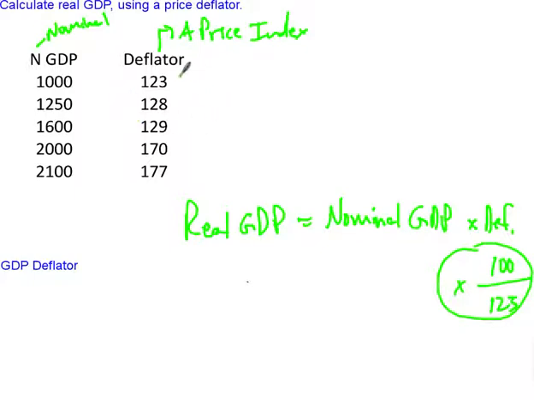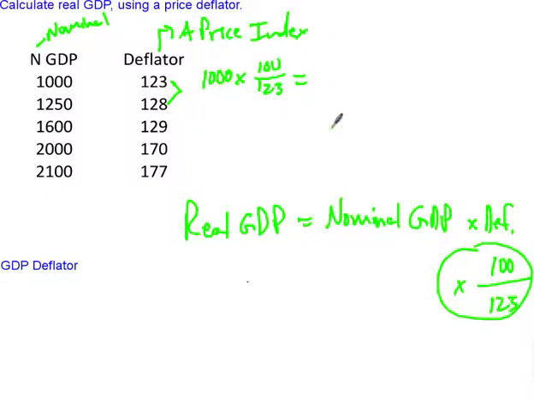All right, and so remember, if the deflator's going up, that means we have inflation. If it goes up, it's going to go up the percentage that inflation went up, and so this isn't 5%. This is the percent change from 123 to 128, which I don't know off the top of my head, but this is measuring the percent change between the two. So for this one, we would say 1,000 times 100 divided by 123, and that, what does that equal?